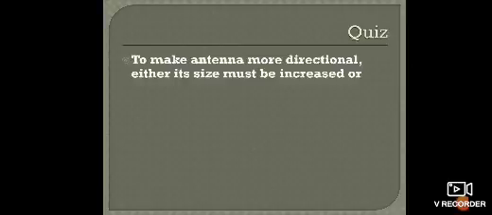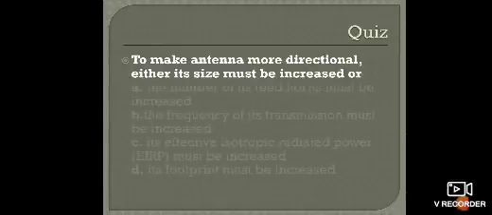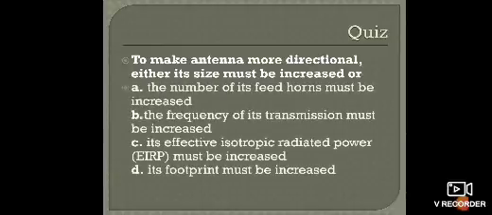To make an antenna more directional, either its size must be increased or what should be increased? The first option is the number of its feed horns must be increased.